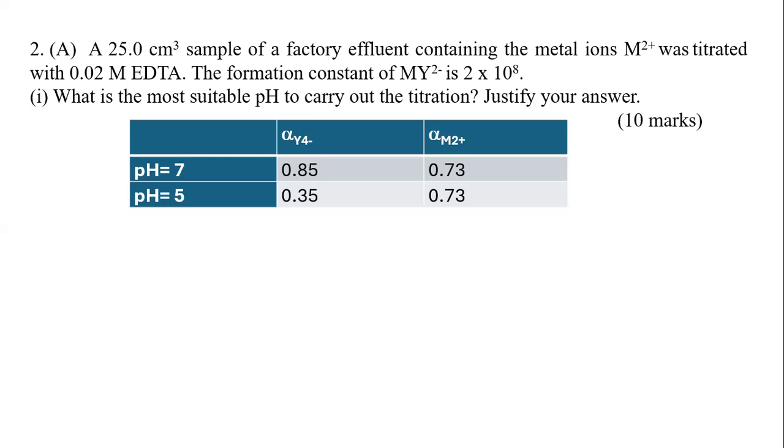Then complexometric, we are going to talk now, right? It's pM, minus log metal ion concentration. Then in redox titration, it is potential E naught, or with the condition E naught dash. Those are the 3.